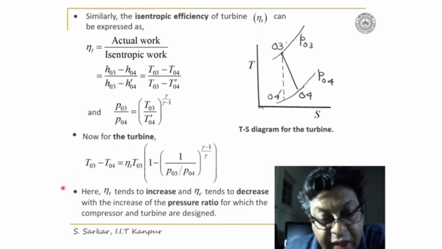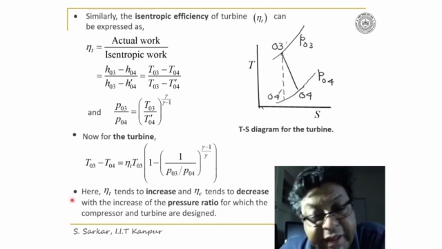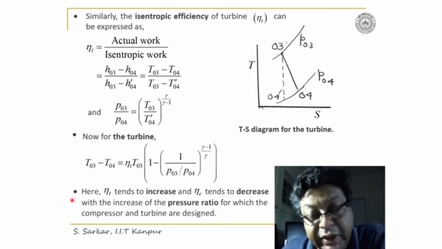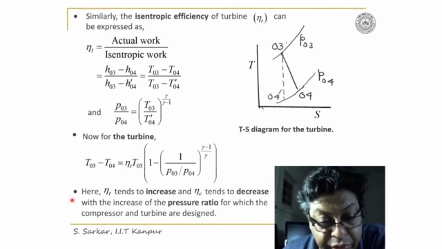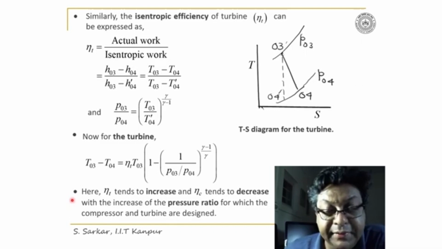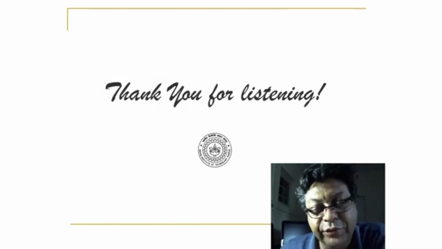Furthermore, I would like to tell you that eta T tends to increase and eta C tends to decrease with the increase of pressure ratio for which a compressor or turbine is designed. Thank you for listening.